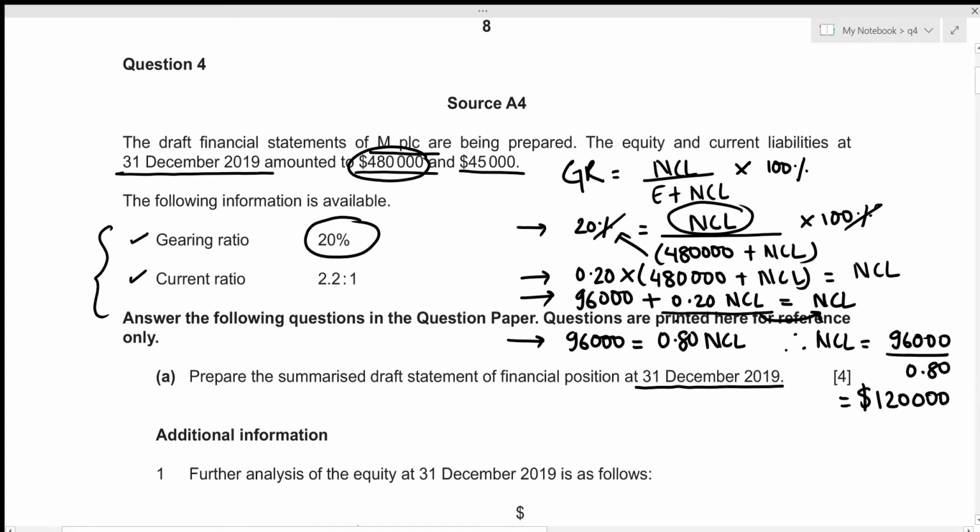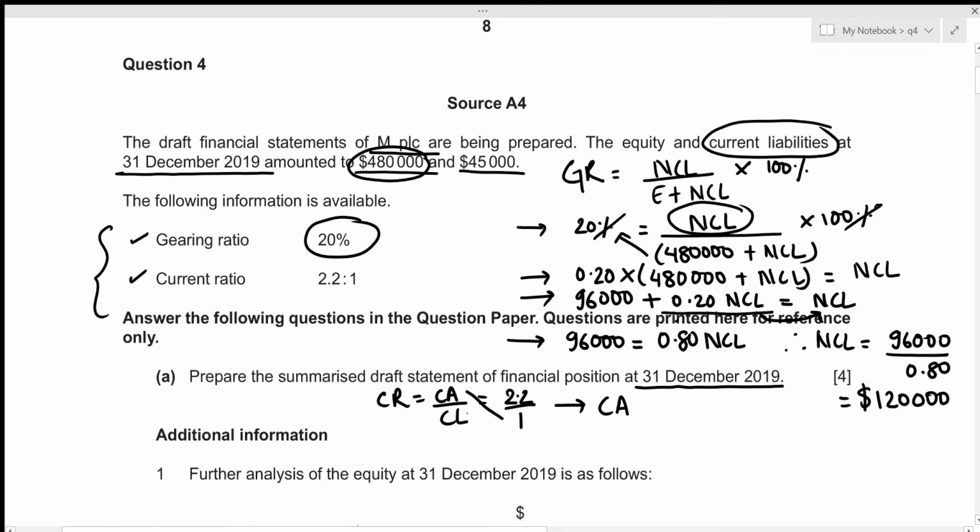So the next ratio that we have is the current ratio. And we know that current ratio is just current assets divided by current liabilities. And this is given to have the value of 2.2 by 1. Okay, so we are already given the value of current liabilities. So the value that we need to figure out now would be that of current assets. And if you just cross multiply this, so that will be 1 times current assets, which will be current assets itself.